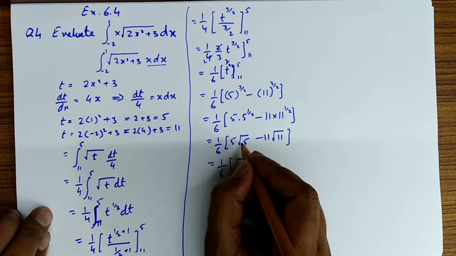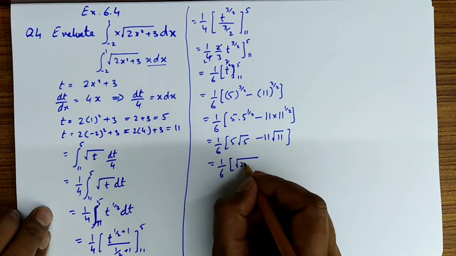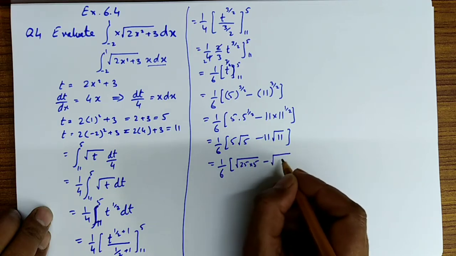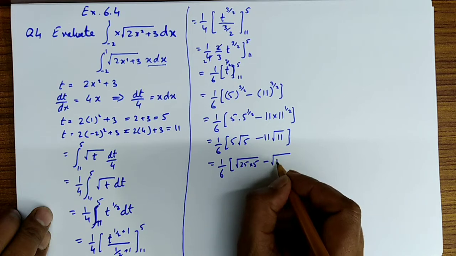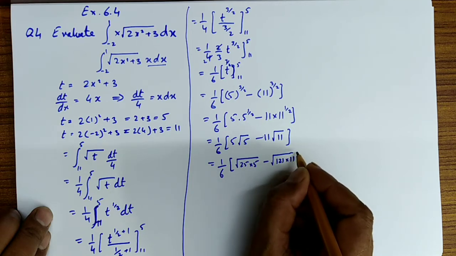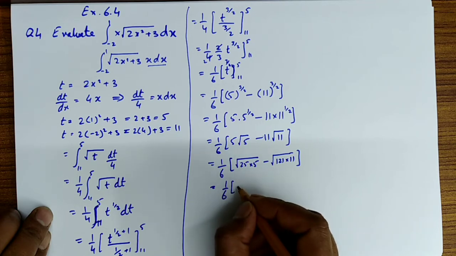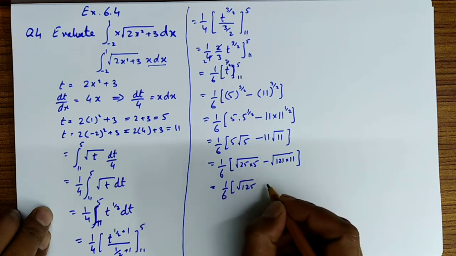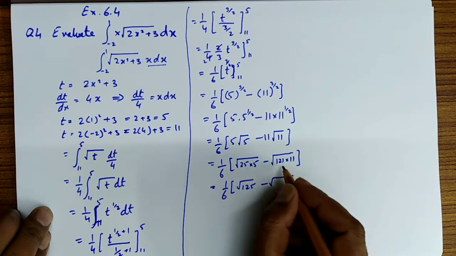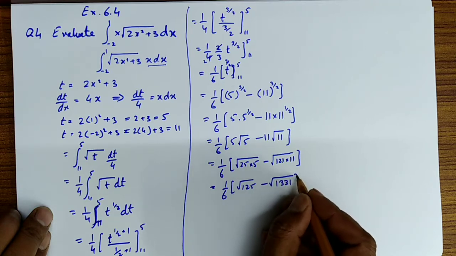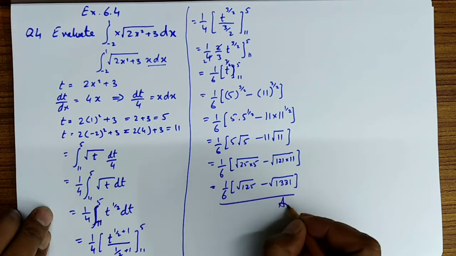If I move this inside and the letter outside, this can be 25 into 5 minus, with the same procedure for 11 into 11, that is 121, or 121 multiplied by 11. So I can write this further in collective multiplication form. 5 into 25 gives me root of 125, minus, if I multiply 121 with 11, that gives 1331. So this is our final answer.